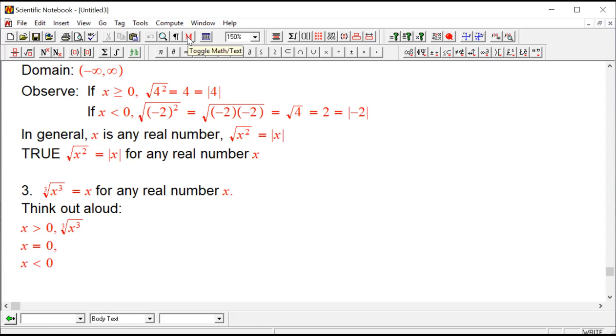You just try these different categories, and you can try as many as you want on your scratch paper.